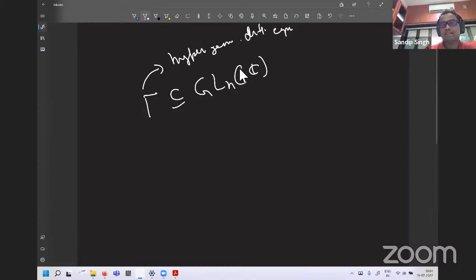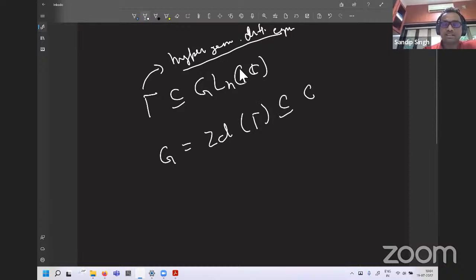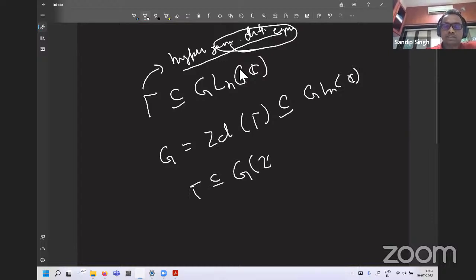I will tell in more detail how these hypergeometric groups are monodromy groups of such equations. Let us denote by Z the Zariski closure of gamma inside GL_n(C). If we put some more conditions on the differential equation, then gamma is contained inside the integer points of this algebraic group G.